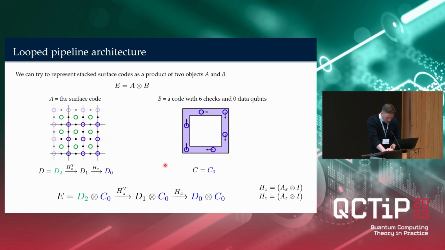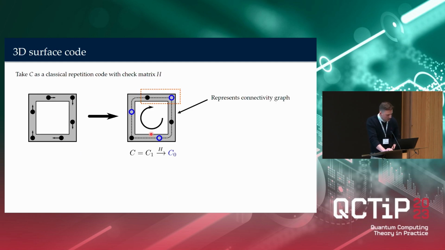So the next idea was to maybe put something more sensible inside of these loops. So not just fully independent 6 checks, no data qubits. But what if we take one of those loops and dedicate some of the qubits to be data qubits and some of the qubits to be ancilla qubits? So this is the connectivity graph I was previously talking about.